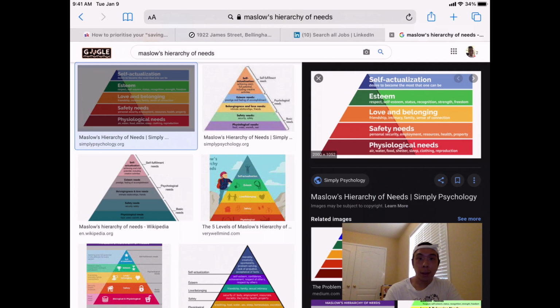I can't highlight this because I'm on an iPad here, but love and belonging or esteem, or the most powerful thing is self-actualization, right?